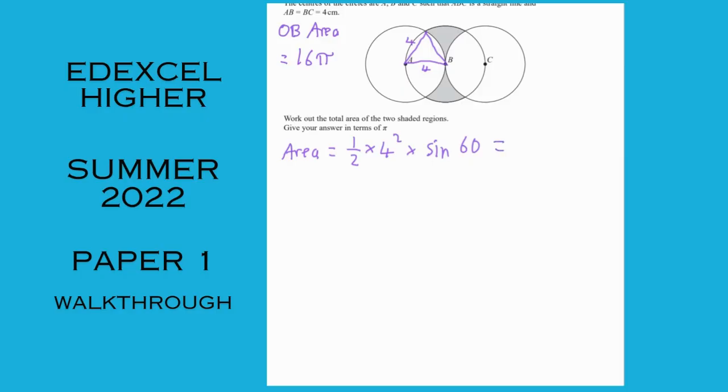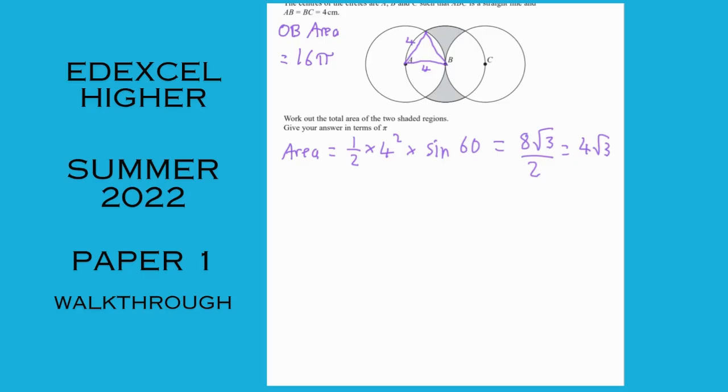So a half times 4 squared is a half times 16. So we've got 8. And sine 60 is root 3 over 2. So in other words, the area of one of these is 4 root 3.